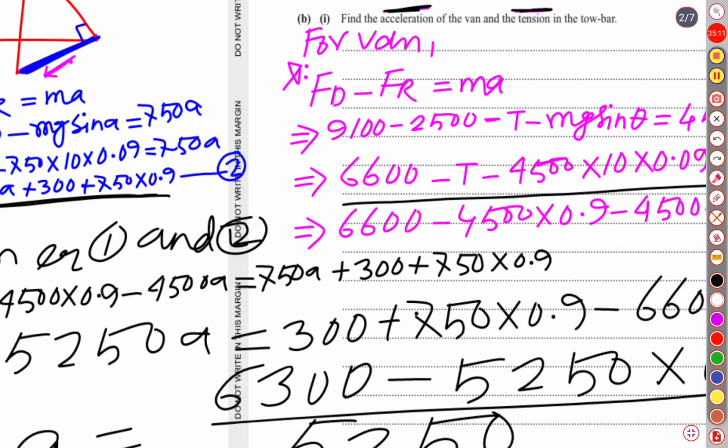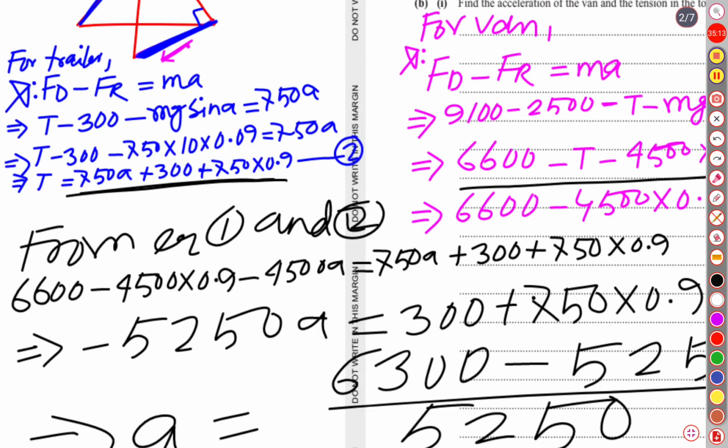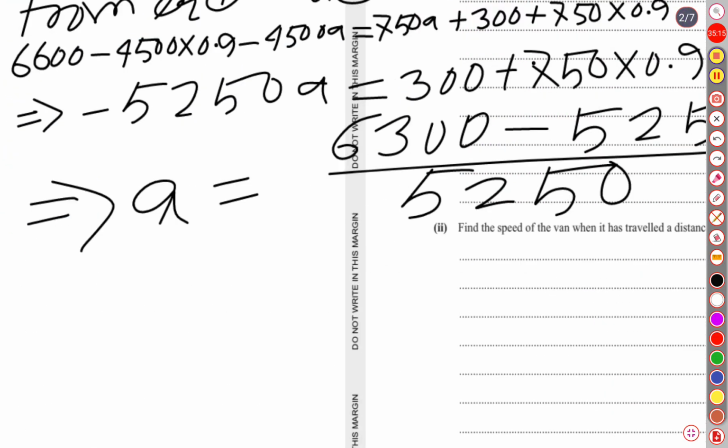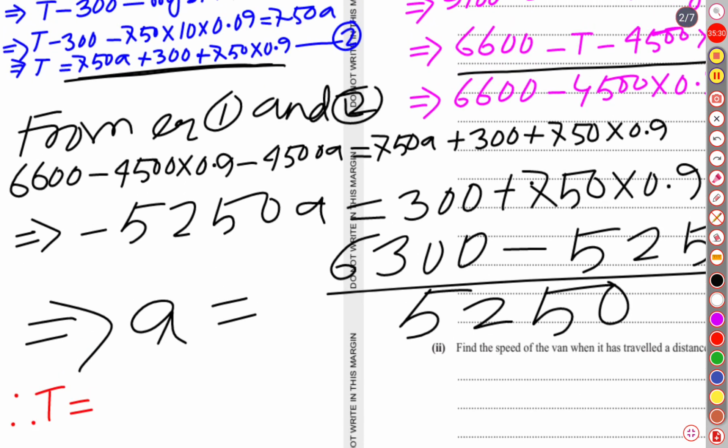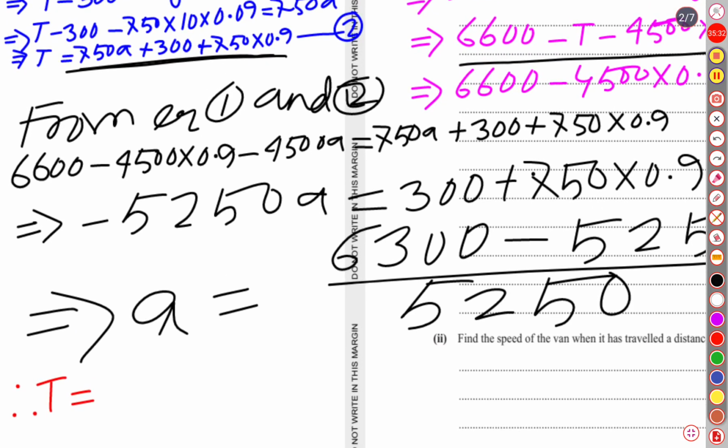So we will write our tension is equal to what? Hence our tension is equal to, from any of the equations we can pick it up. This is 750.